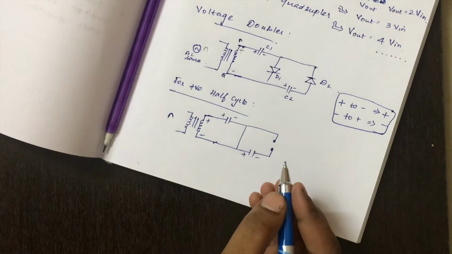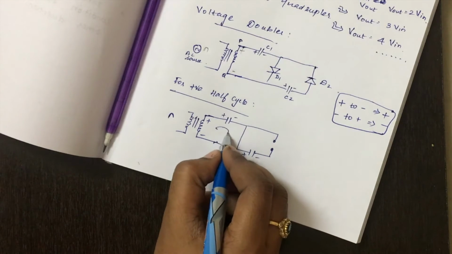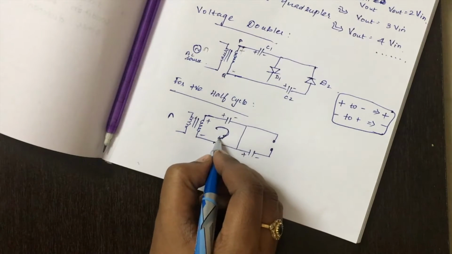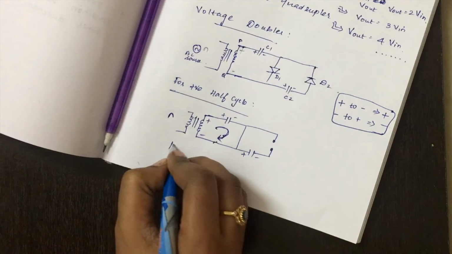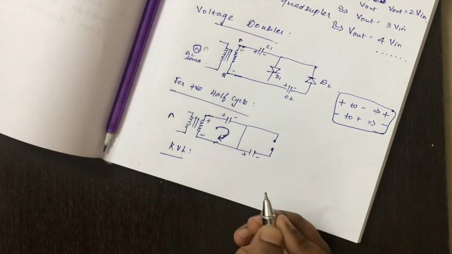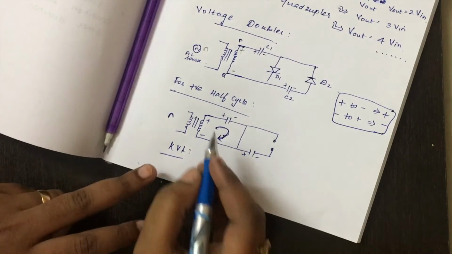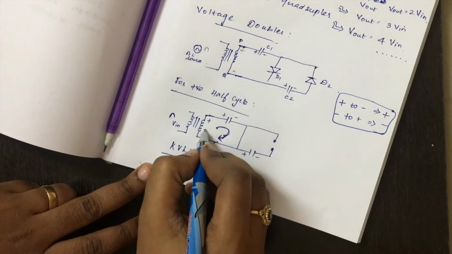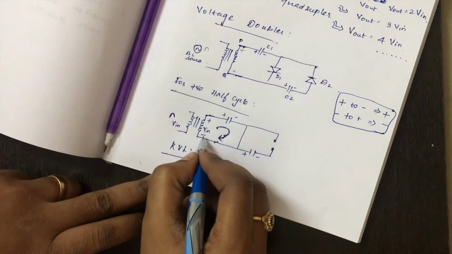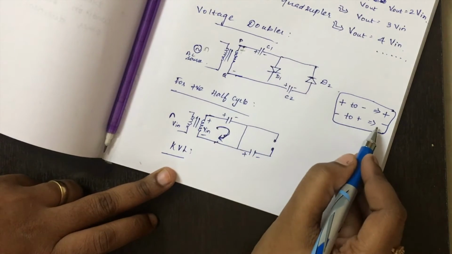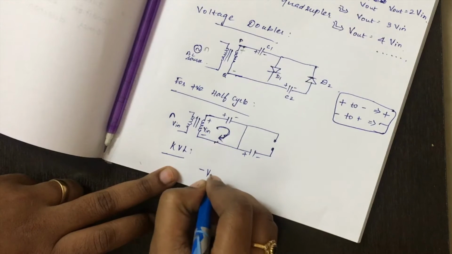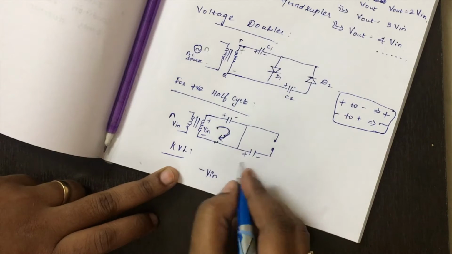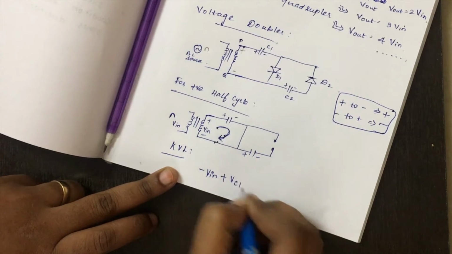We know KVL, that is Kirchhoff's voltage law, and let's assume the current direction is in this direction. Let Vin be the input signal. Going from minus to plus, as already told, we assume it as minus, so minus Vin. Then capacitor C1 is from plus to minus, so plus Vc1.